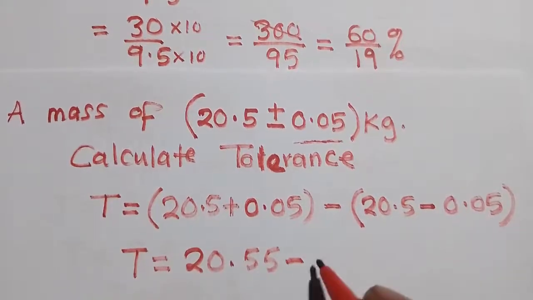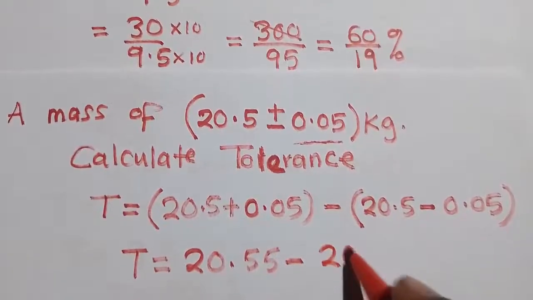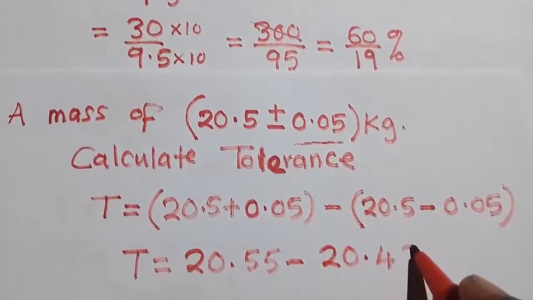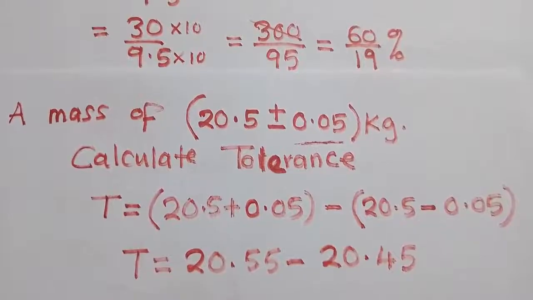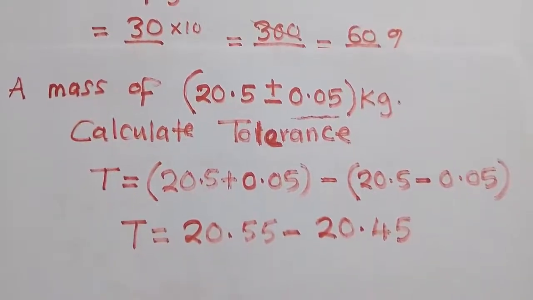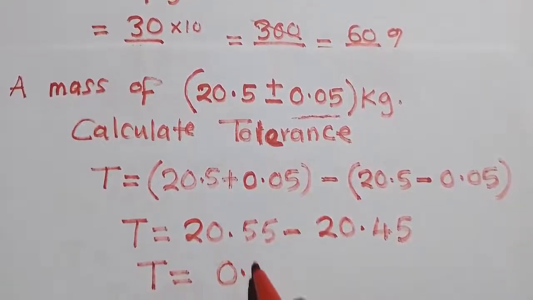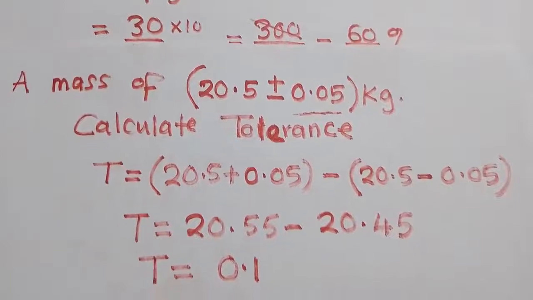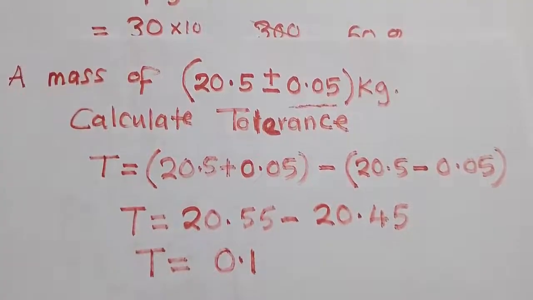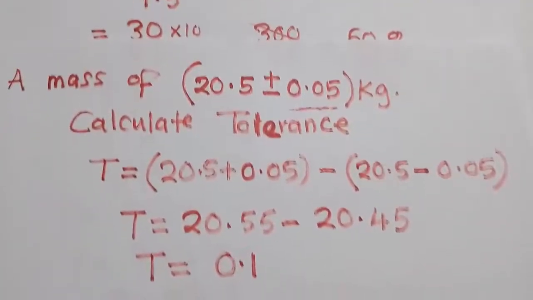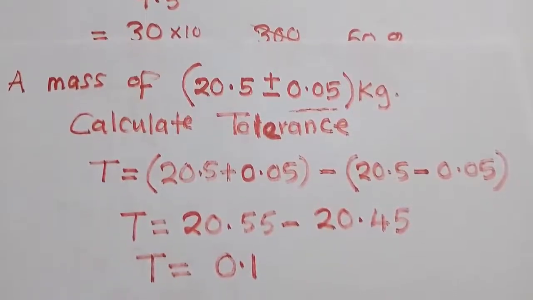You are going to get 20.45, like this. So now T is equal to, when you subtract there, what are you going to get? You are going to get 0.1. So this 0.1 is called your tolerance. So this is what you need to know and understand.